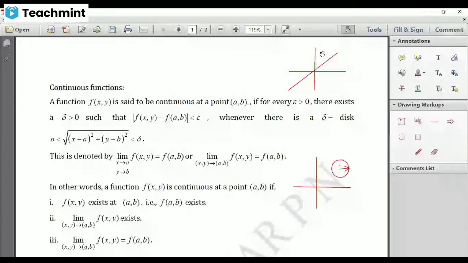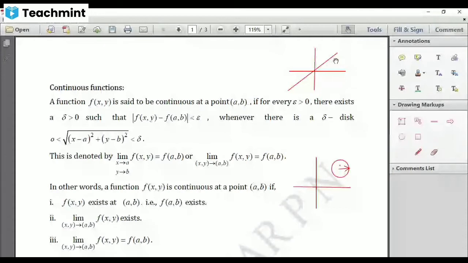You'll get a point. So if you consider all the points of a comma b, which are delta neighborhoods of this, then you will get corresponding values of x, y, f of xy, which are nothing but epsilon neighborhood of f of a comma b. So there is a point a comma b comma f of a comma b, right?